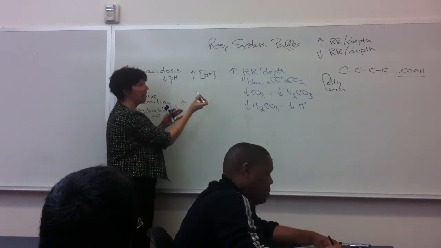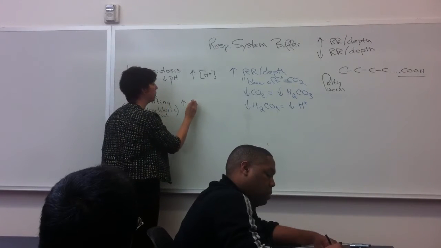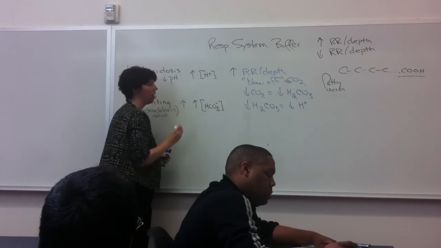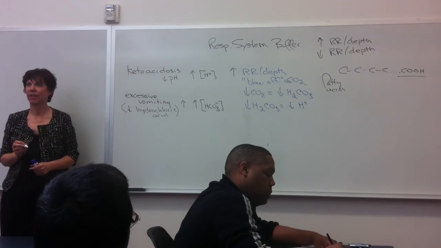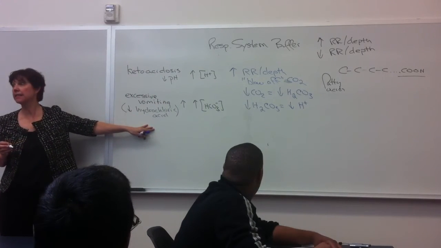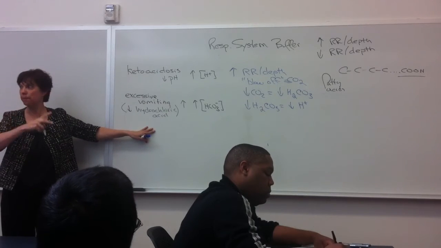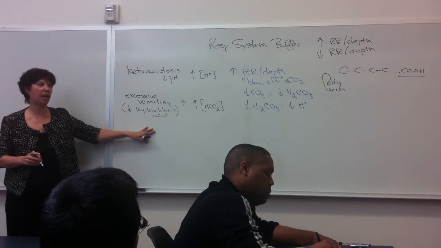because rather than having too many hydrogen ions, we really have too many bicarbonate ions. So the respiratory response, we need additional hydrogen ions to neutralize our bicarbonates.